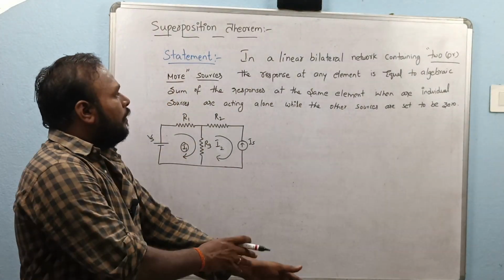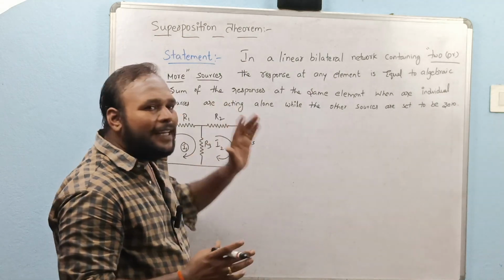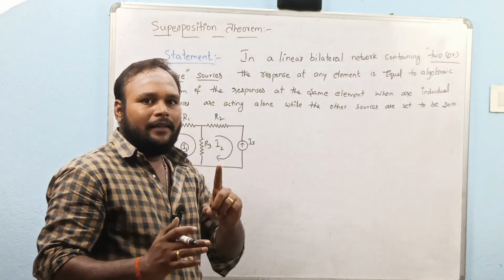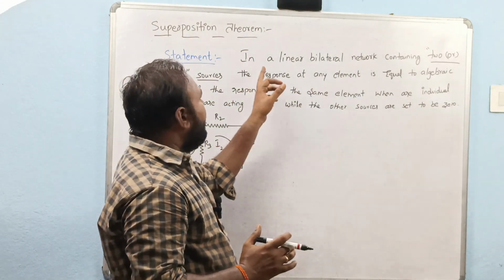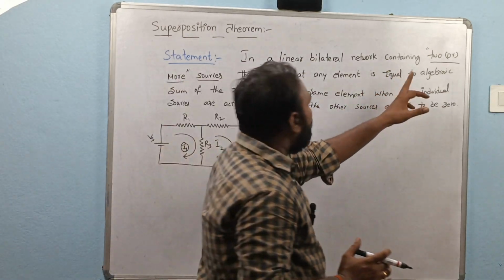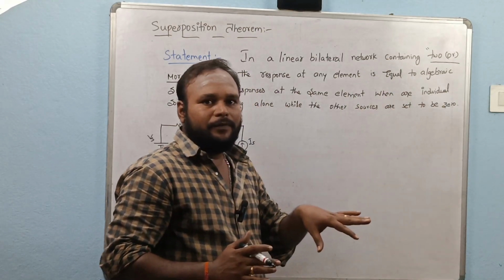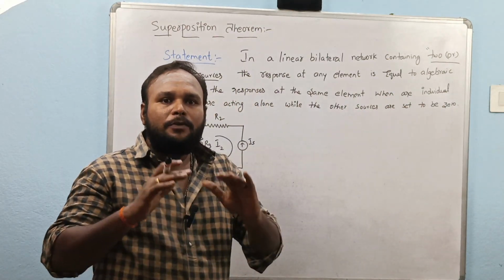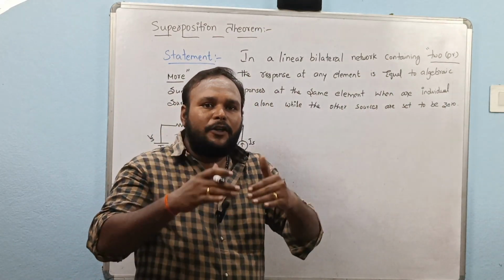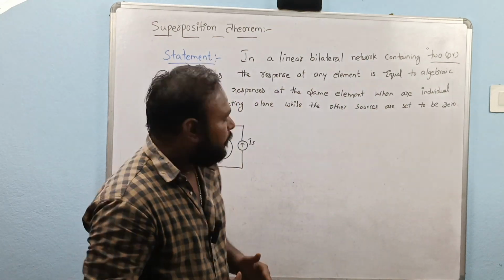If you see the statement clearly, it tells us a thing. In a linear bilateral network containing two or more sources, the response at any element, first we have to find out the response at any element when the network contains all the sources.